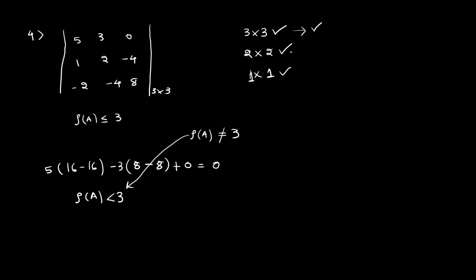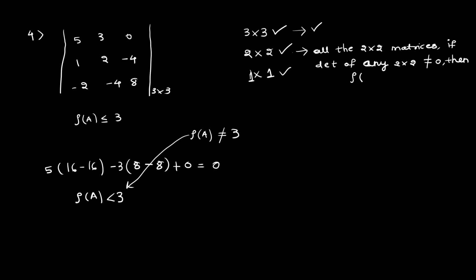Then we need to check all the 2 into 2 minor matrices. Here I am writing the statement: if the determinant of any 2 into 2 matrix is not equal to 0, then the rank of the particular matrix A is equal to 2.